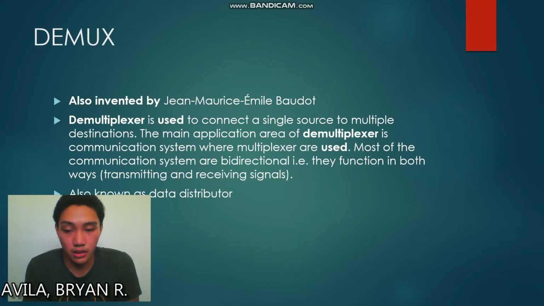It's also known as a data distributor. It takes one single input data line and then switches it to any of a number of individual output lines one at a time. Its function is to switch one common data input line to any one of the 4 output data lines.